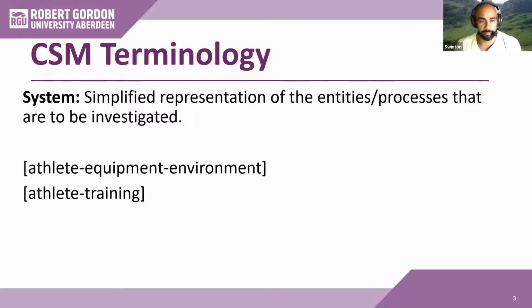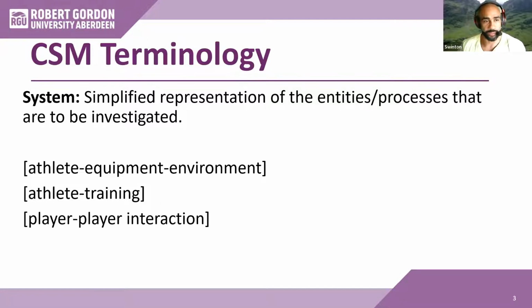Another system might be an athlete training system, where the athlete is represented by their antagonist response to exercise, so their fitness and fatigue responses. And training might be represented by a numerical representation in terms of a time series, which quantifies the training dose. And that could be a scalar, so a single number, or potentially a vector. That vector might be something like intensity, volume, frequency, and so on.